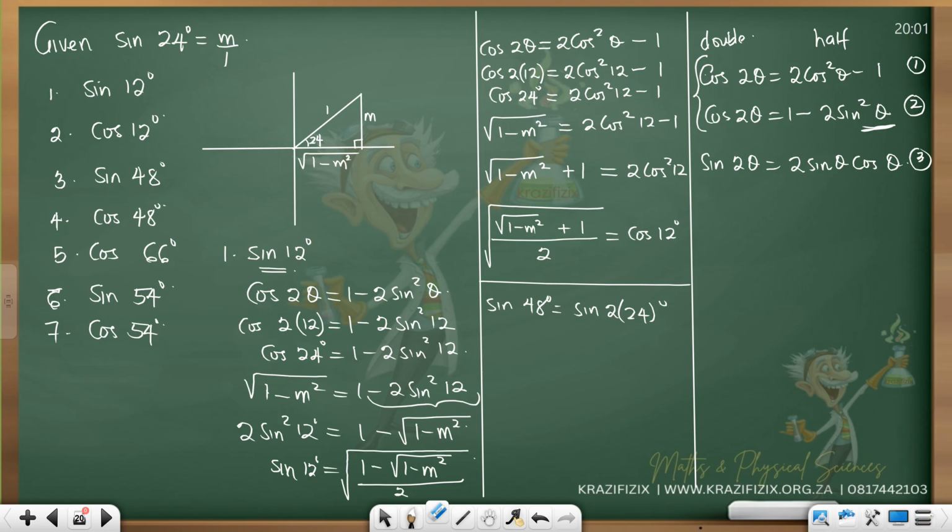It looks like number 3, where my theta is 24. So it becomes 2 sine 24 cos 24. I want to show you the beauty of this. Do you notice the idea is to always have 24? Because 24 I can always pick from my triangle. So this is 2m and the root of 1 minus m squared. Case closed. Are we okay, everybody?